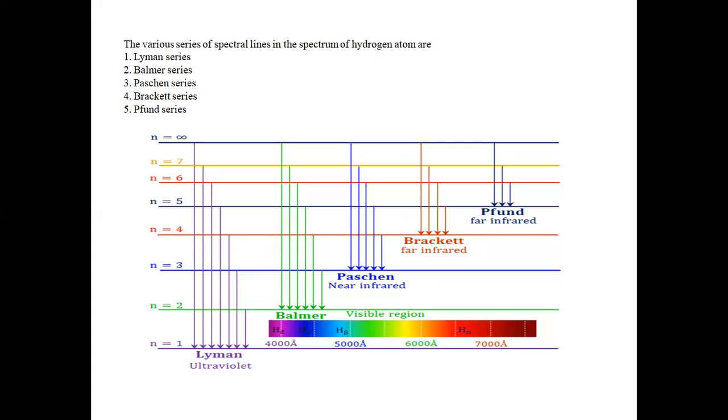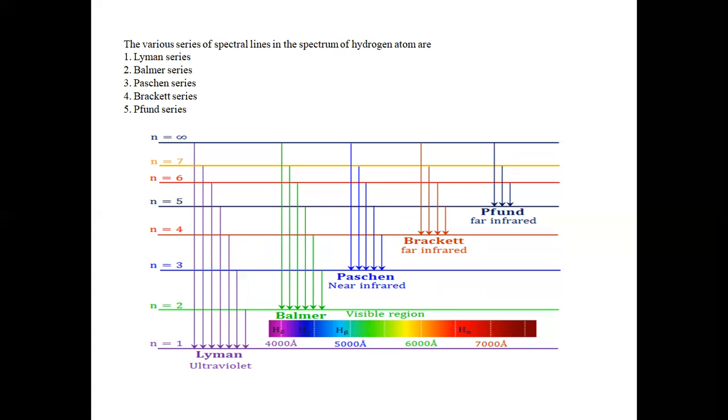So there is an emission of radiation during each transition. Radiation is nothing but the energy released during transition, which appears in the form of radiation with specific frequency and specific wavelength. This is about the origin of the hydrogen atom spectrum.